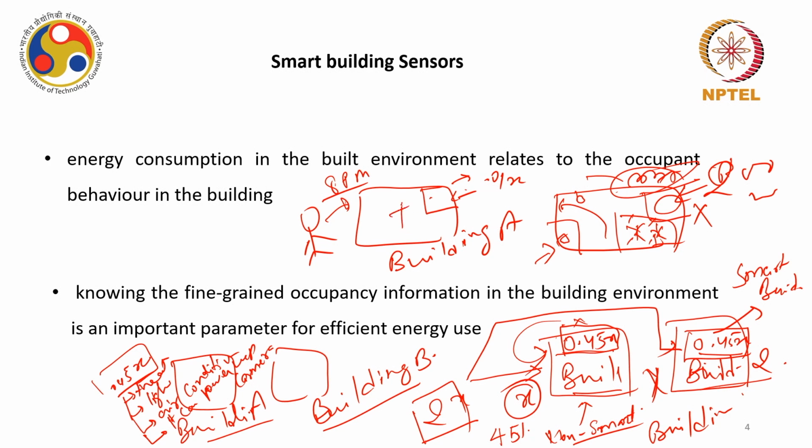While he watches television, he is using the air conditioning in this particular area, which requires another 0.1x of energy. Then he lights up this area, which requires 0.001x. So in total he is using 0.111x of energy.